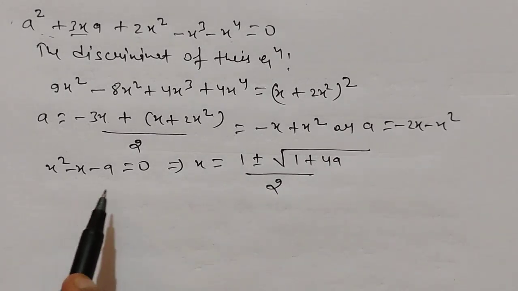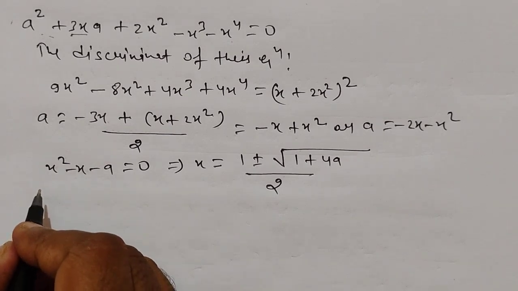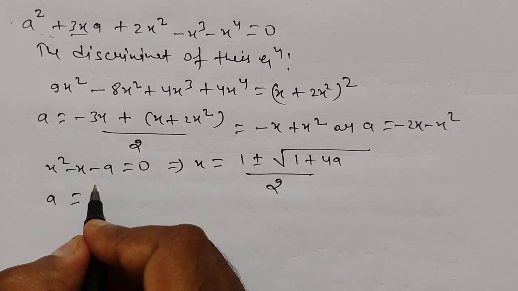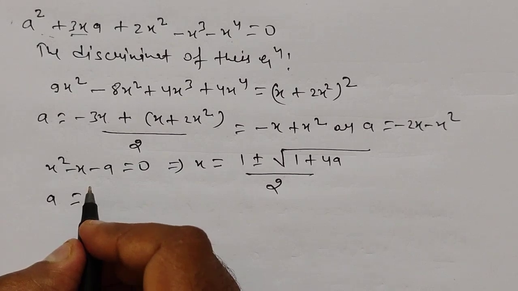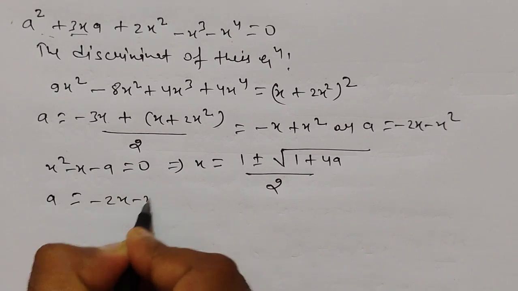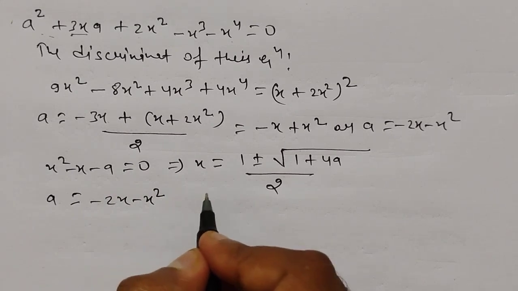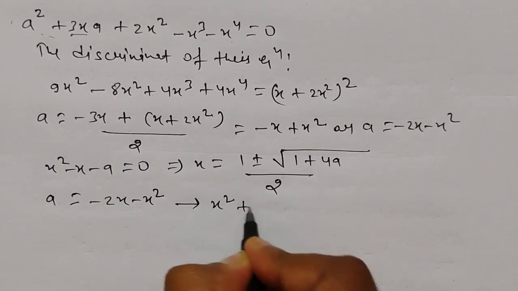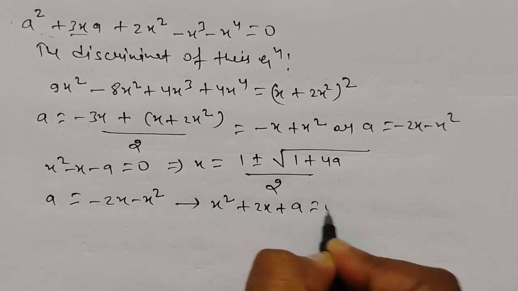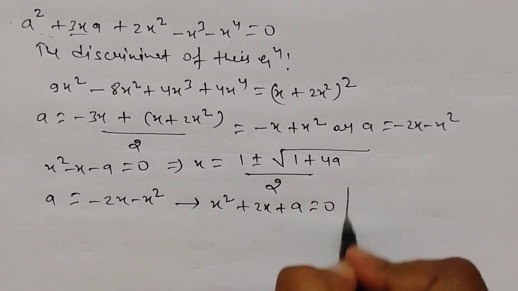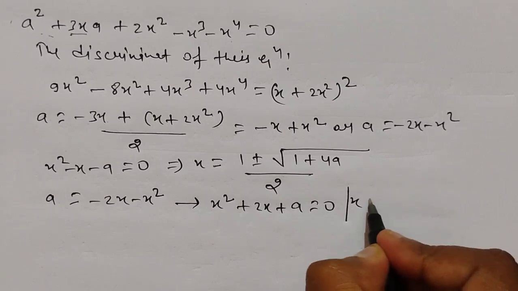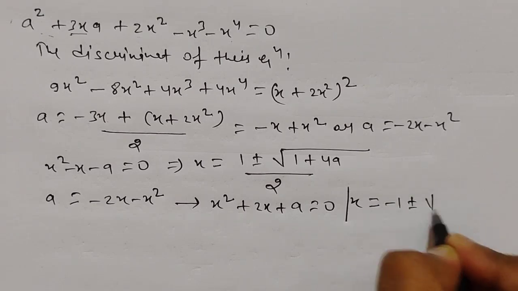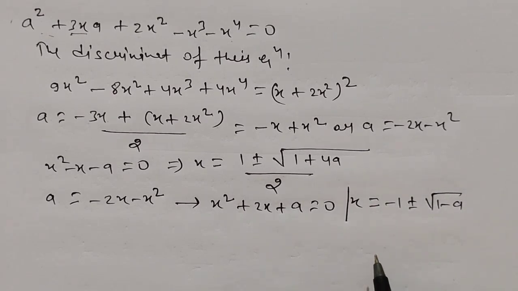And the second choice, for a is equal to minus 2x minus x square, gives the quadratic equation x square plus 2x plus a is equal to 0, and here we can write x is equal to minus 1 plus minus under root 1 minus a.